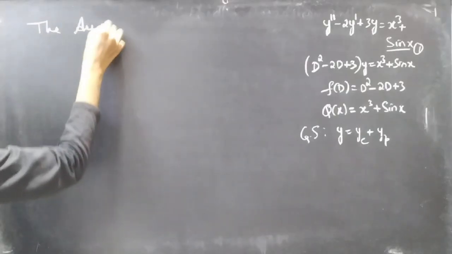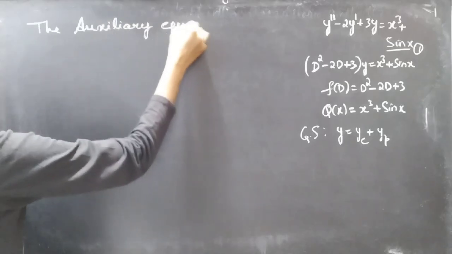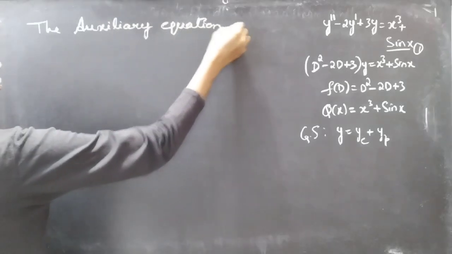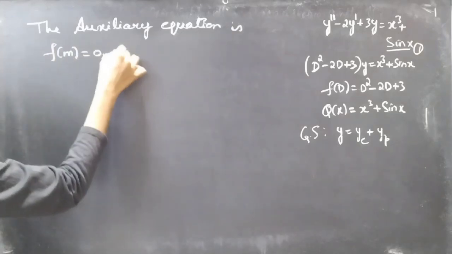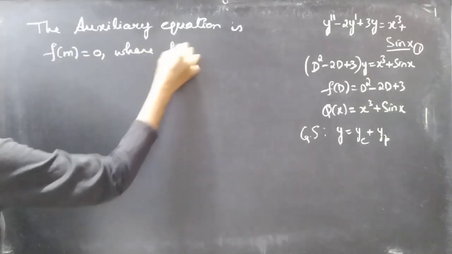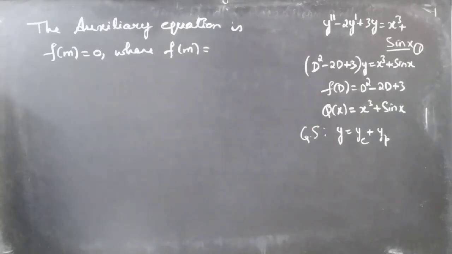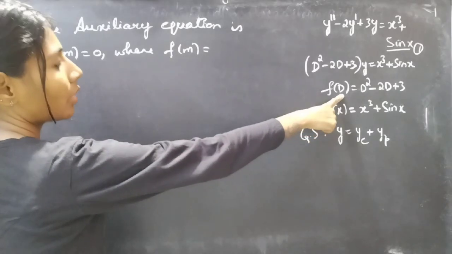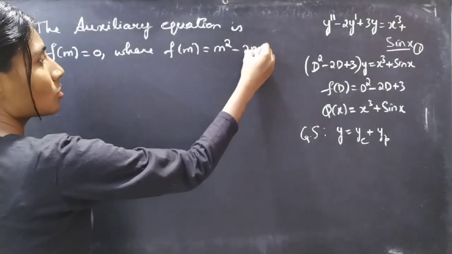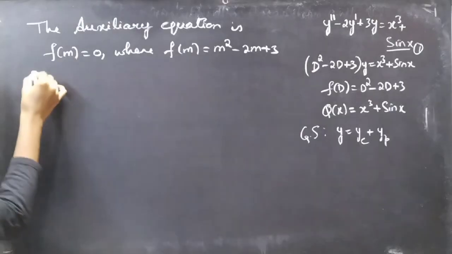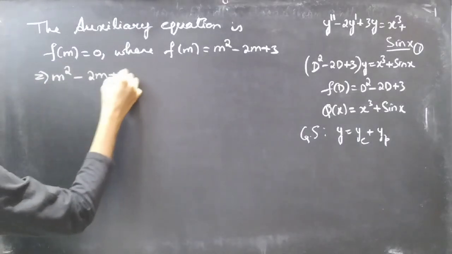The auxiliary equation is f of m equal to 0, where f of D equals D square minus 2D plus 3, right? Let's replace the differential operator D by m, so that we'll get f of m equal to m square minus 2m plus 3. Now the auxiliary equation becomes m square minus 2m plus 3 equal to 0.